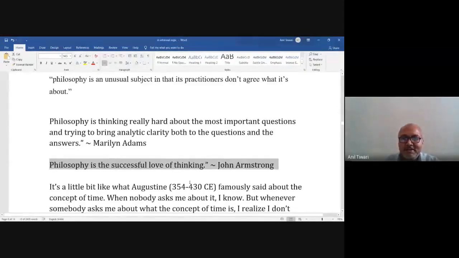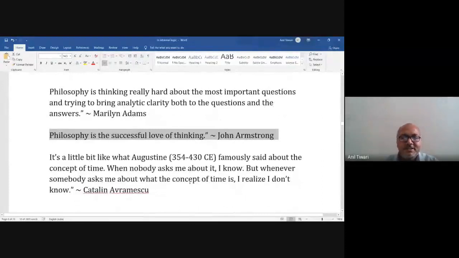Then look at what John Armstrong says. He suggests that philosophy is the successful love of thinking. And in one of your responses, you did point out that philosophy is love of wisdom. That is a kind of etymological understanding of the expression we call philosophy. So you are seeking knowledge. You are after knowledge, right? And that is the objective.